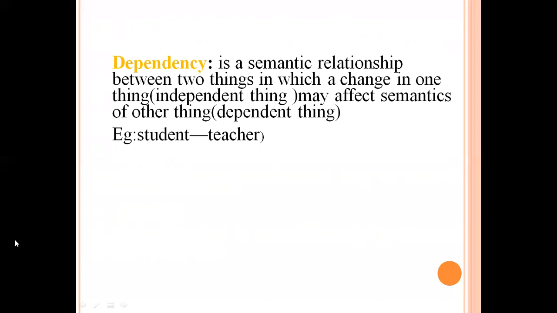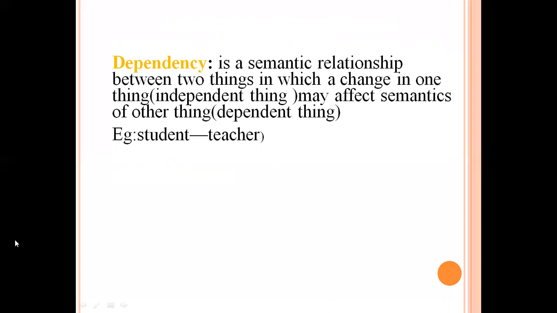So if the students change, the teacher, that is the class in charge, automatically changes. Suppose students belong to one department and the faculty automatically changes with the particular department. That is a dependent thing. So if any change in one thing happens, it automatically changes another thing.